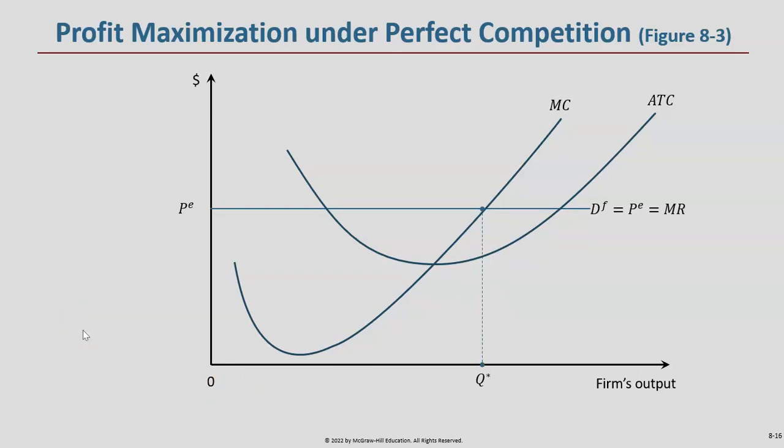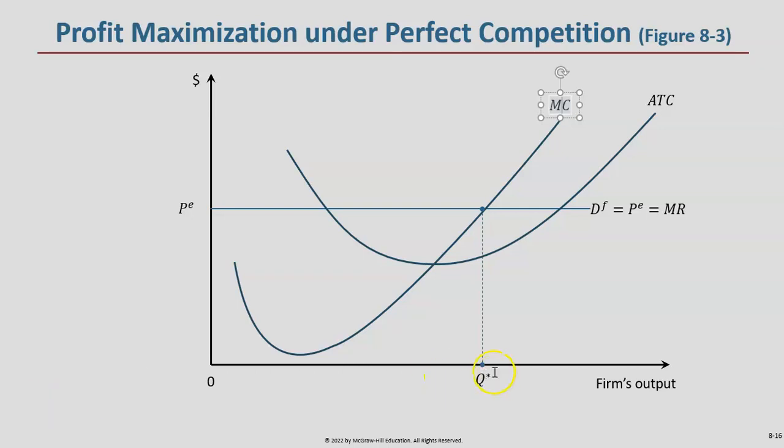So our profit maximizing decision rule says that the business firm should set output, or make its production decision, Q star, where marginal revenue is equal to marginal cost. Okay, so where those two lines intersect is where the profit maximizing output level is determined.